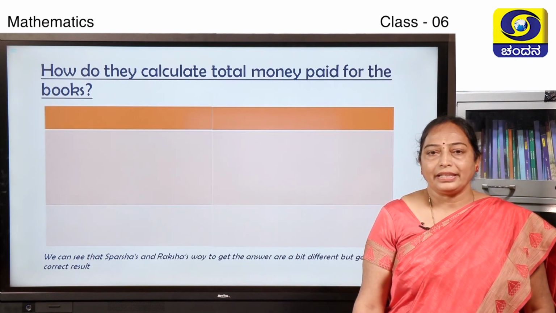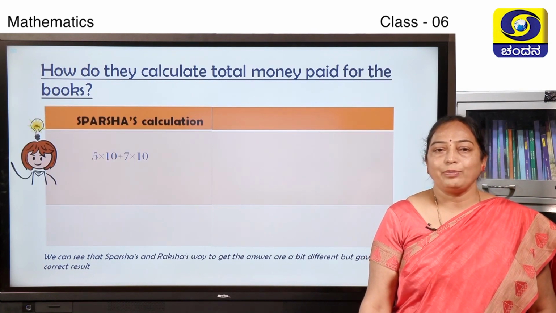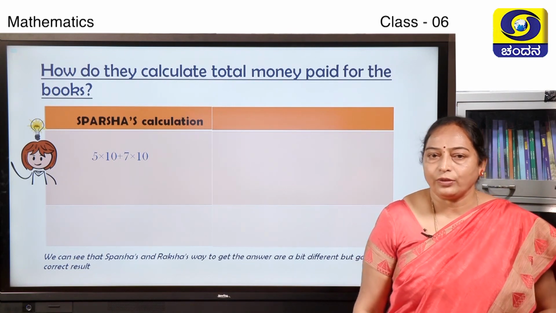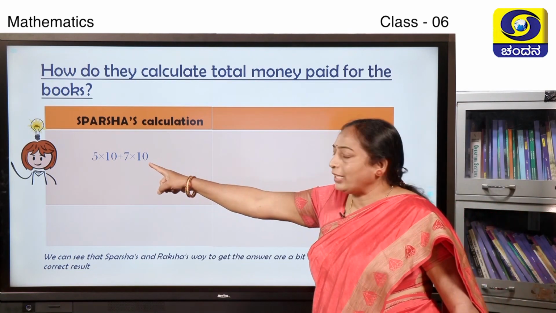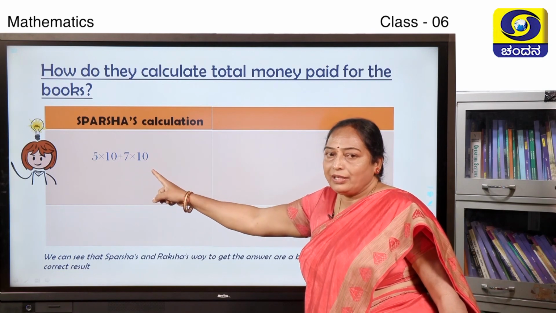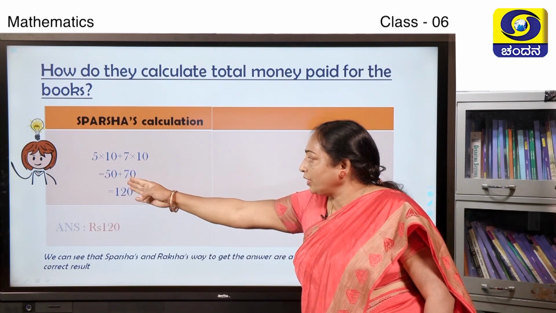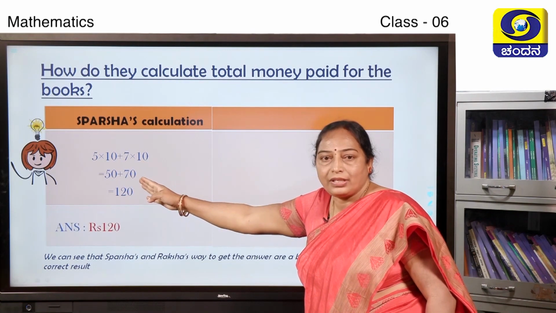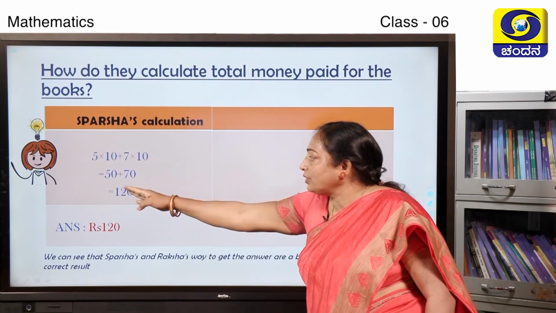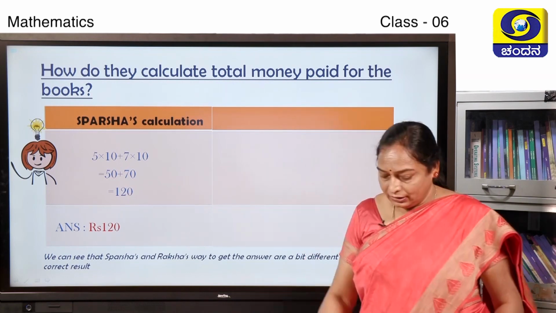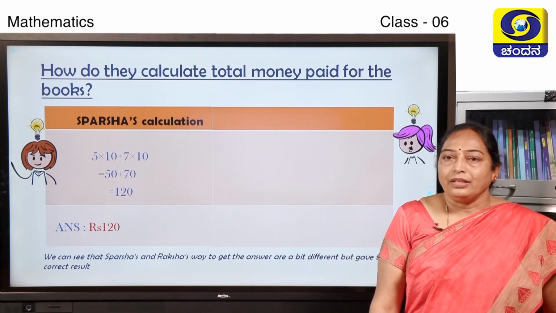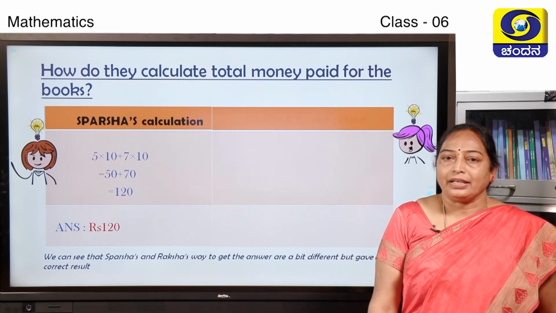Sparsha calculated as follows. First she multiplied 5 books into 10 rupees. Then she multiplied 7 books into 10 rupees. She got 5 into 10, 50, 7 into 10, 70, altogether which is equal to 120. They have to pay 120 rupees. How did Raksha calculate this?